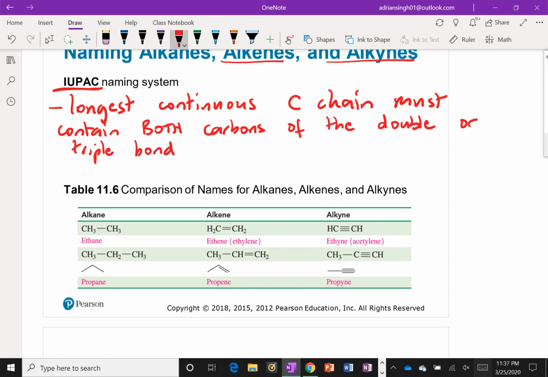All right, so that limits how you're going to establish your longest carbon chain. It has to contain both carbons of the double or the triple bond.